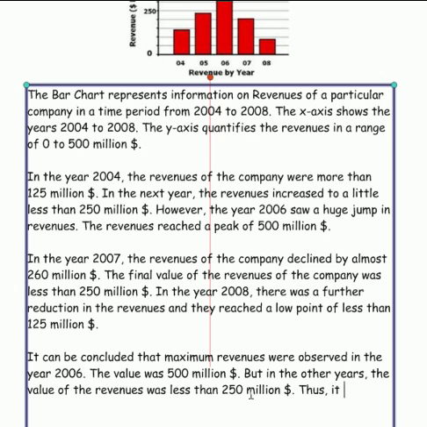Thus, it can be said that the company was most profitable in the year 2006. So that is our conclusion, and that ends the writing task.